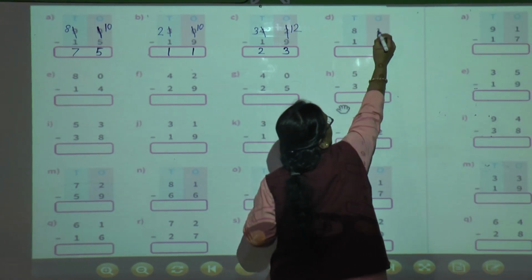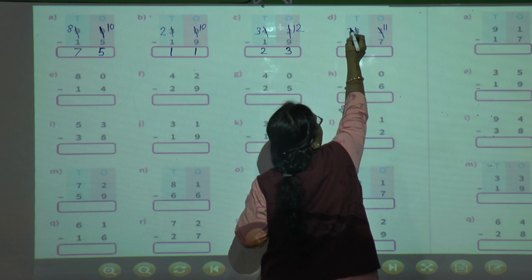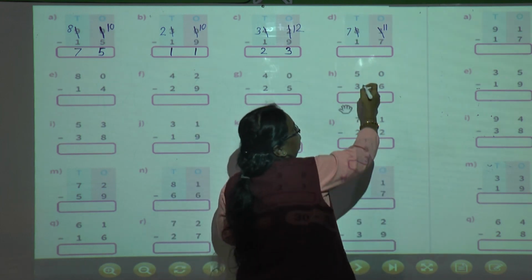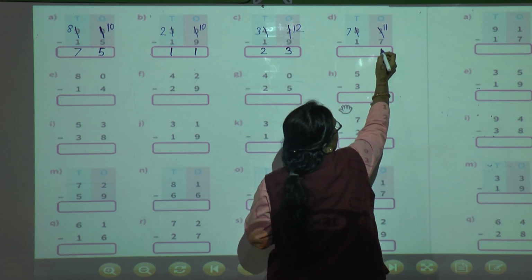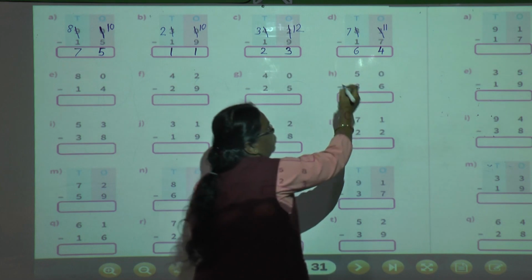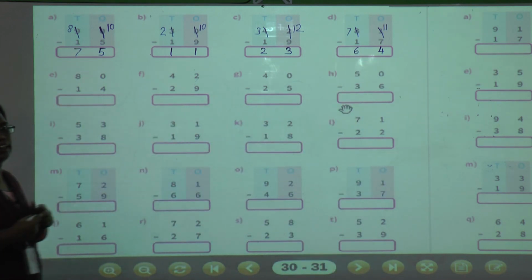Then in this way only you will do 11 and 7. 7, 4. 7 minus 1, 6. Okay, in this way you are going to solve the sums.